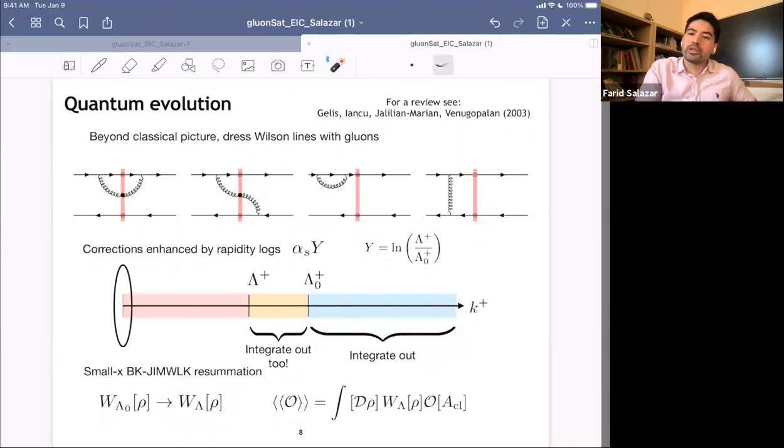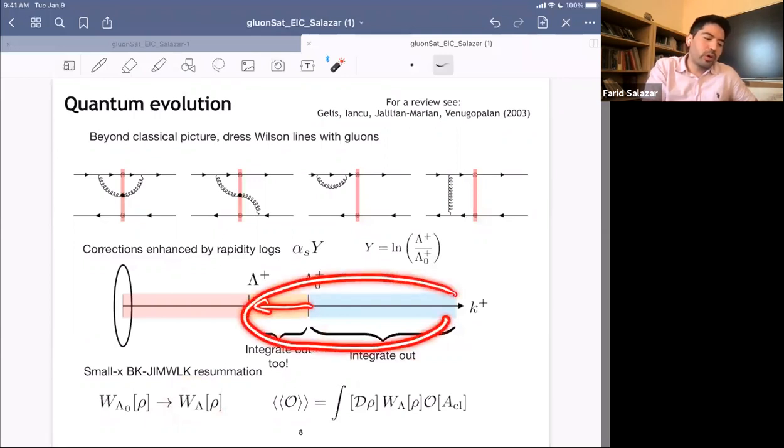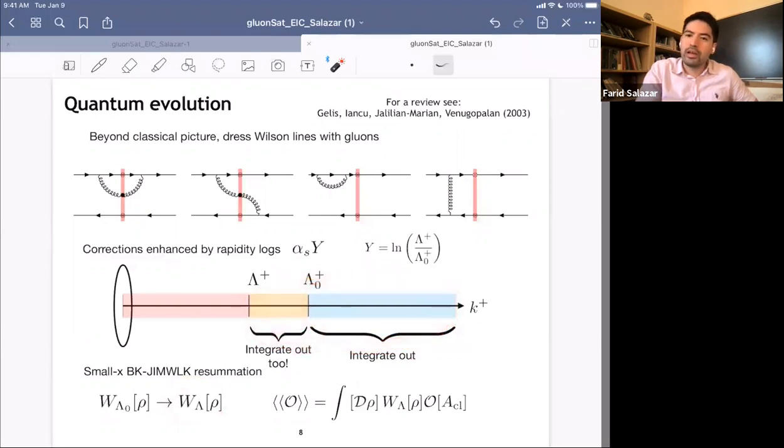Physically, by moving this scale, you are integrating out these degrees of freedom, so all of these are now sources. And that's precisely what the BK-JIMWLK resummation does. It performs that renormalization of the scale.